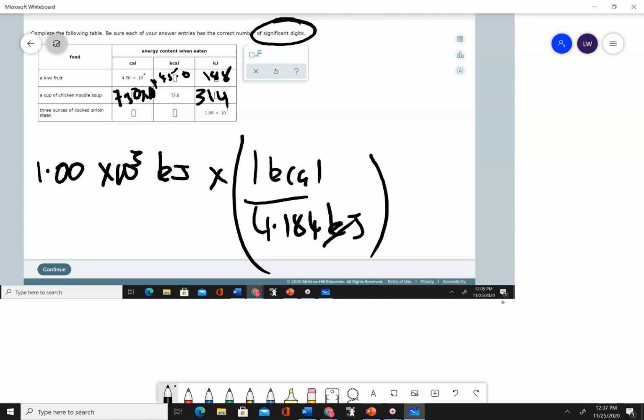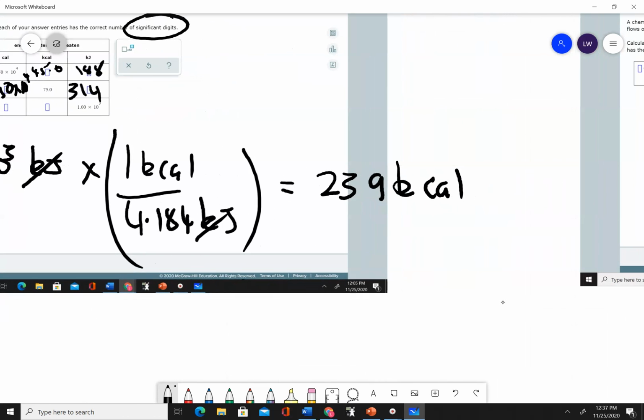There we go. So they cancel like so. So that will give me 1 by 10 to the 3 divided by 4.184. That gives me 239 kilocalories.